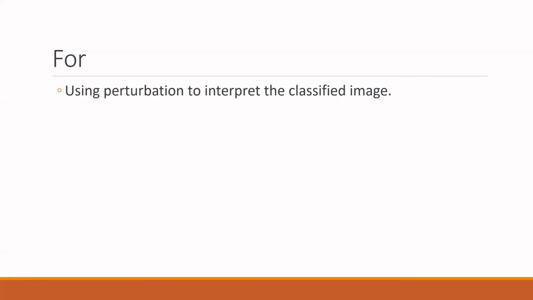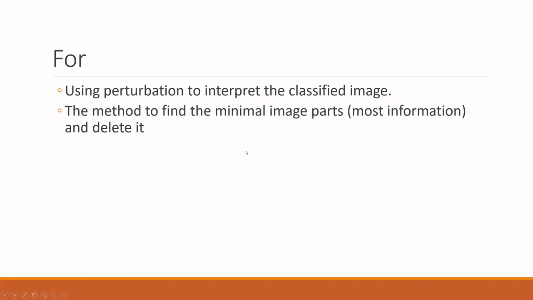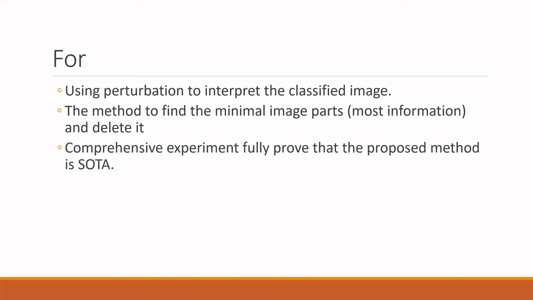The strong point of this paper is using a perturbation to interpret the classified image. Second, they proposed a method to find the minimal image parts which have the most information, and try to delete them.